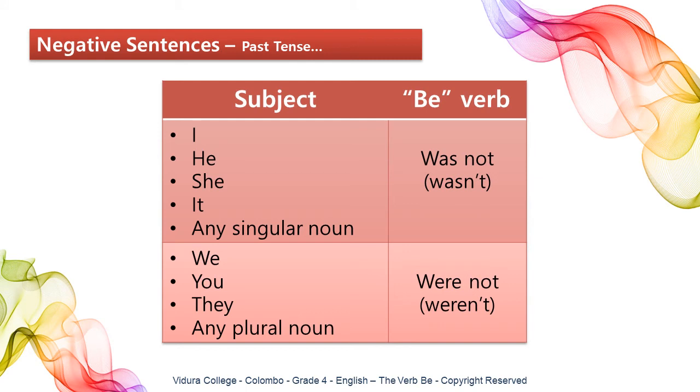It is wasn't. For the plural nouns like we, you, they, we have to write the be verb were. So to make it negative, we add the word not just after the be verb. So it is were not. What is the contraction form of were not? It is weren't.